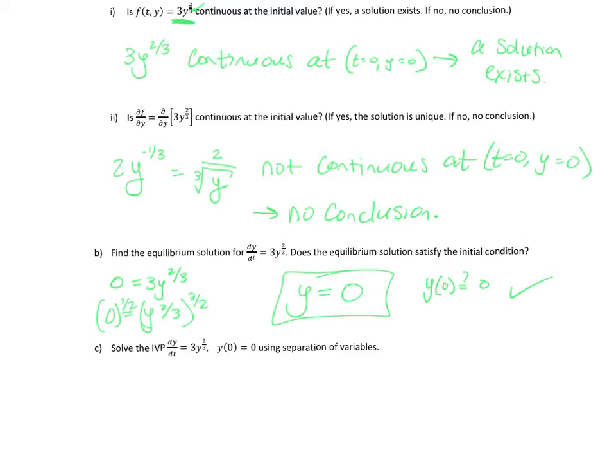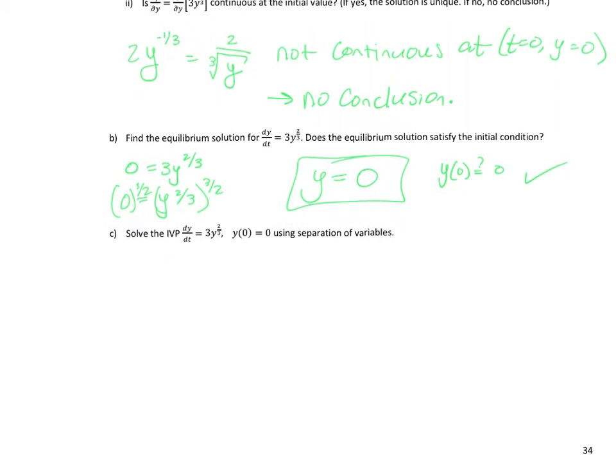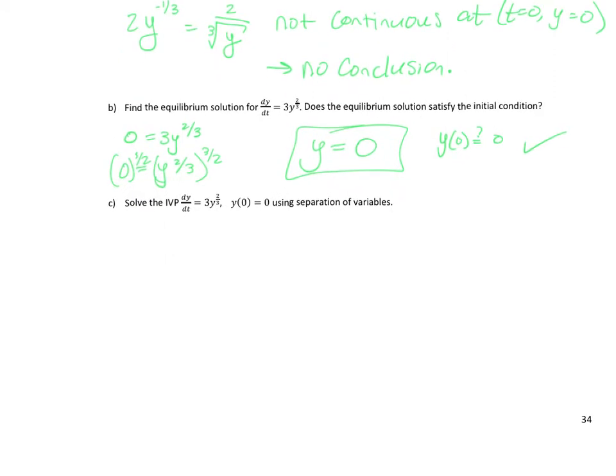Okay, now we're supposed to solve using separation of variables. So we have the equilibrium solution. Now I'm going to find a more general solution that satisfies the initial condition. So get all my y's on one side. So I have y^(-2/3) dy equals 3 dt.